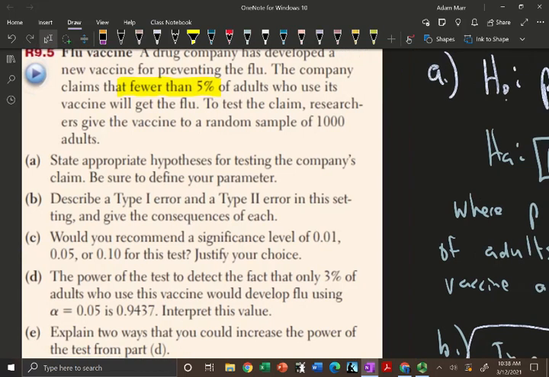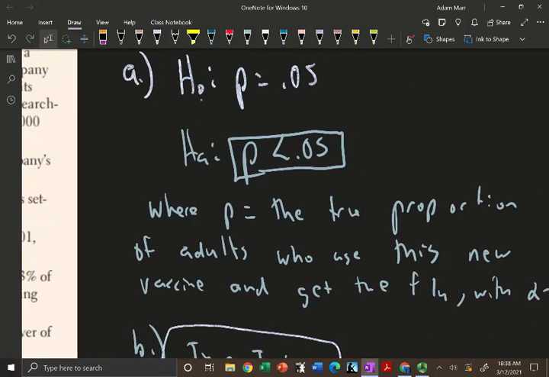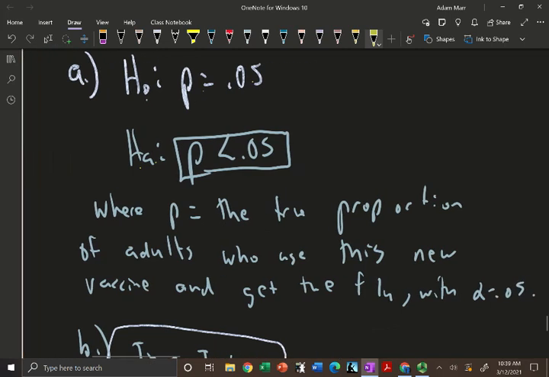We're talking about proportion right here. So the null is a statement of equality: the true proportion equals 0.05. The alternative is that the true proportion p is less than 0.05. Then define the parameter, where p equals the true proportion of adults who use this new vaccine and get the flu.